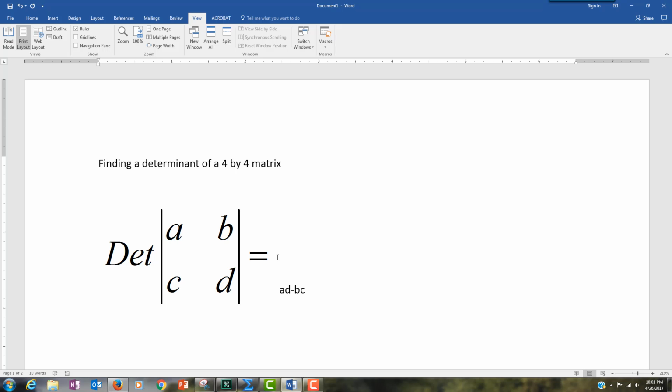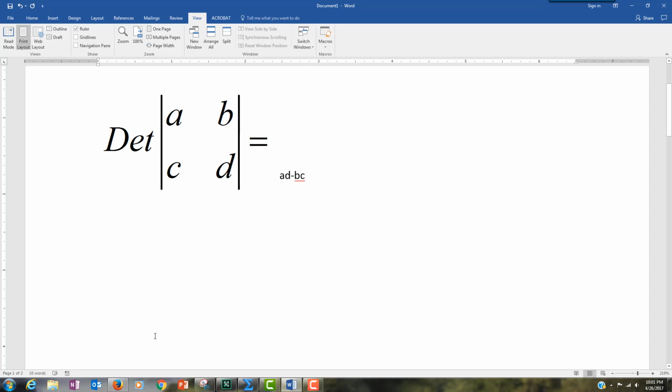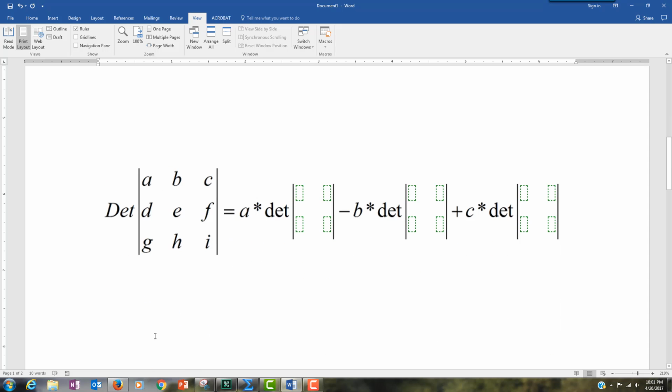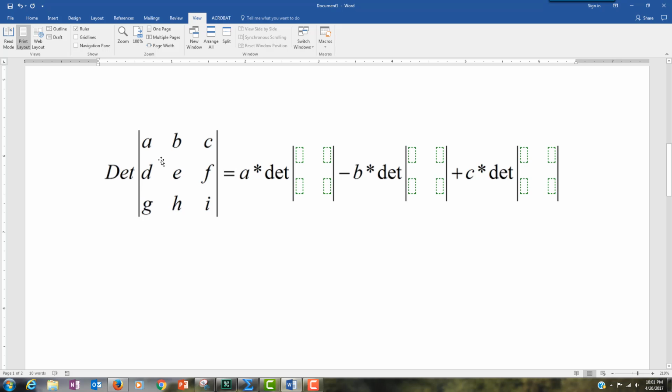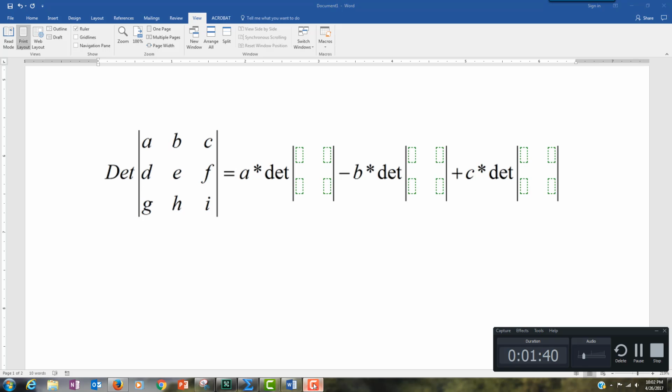Okay, that's fine, but how does that affect a 3x3? Let's look at a little bit bigger one. What we've done is an expansion of the 3x3 into smaller 2x2s. We start with A, which we multiply by the determinant of this connected 2x2, the minor of the 3x3 that's related to A. Let me illustrate how we recognize this.